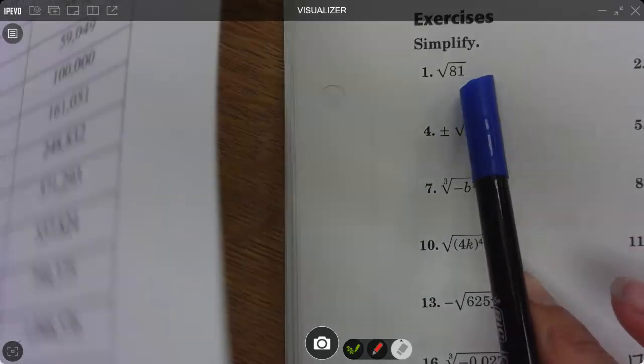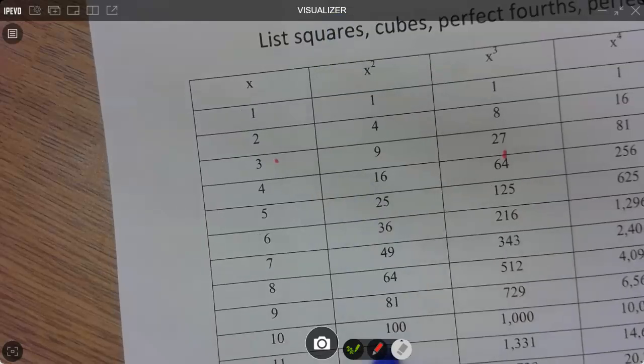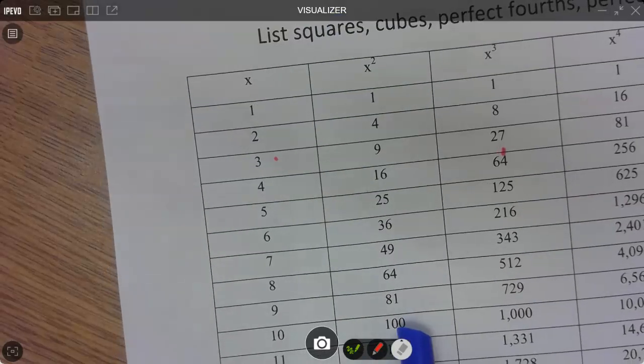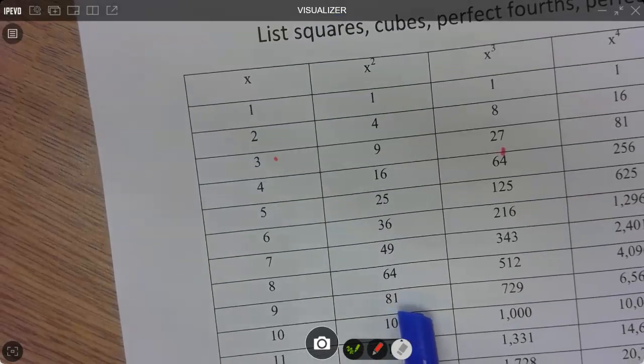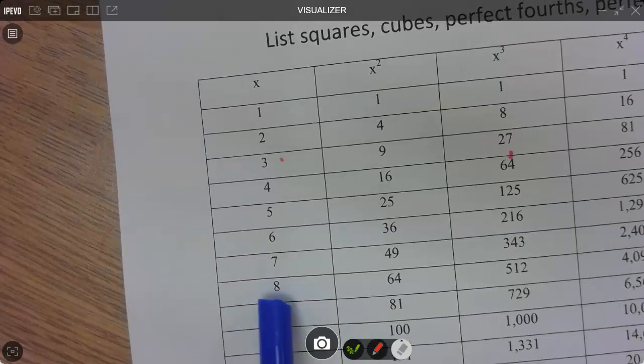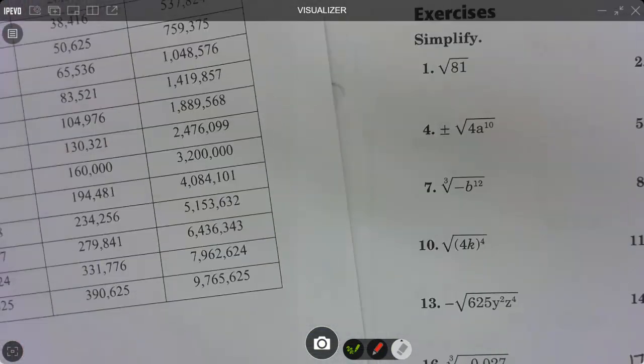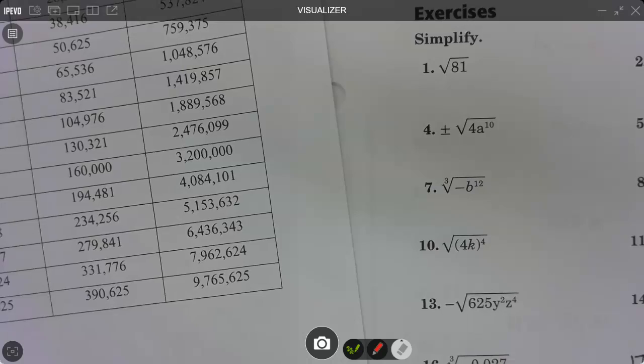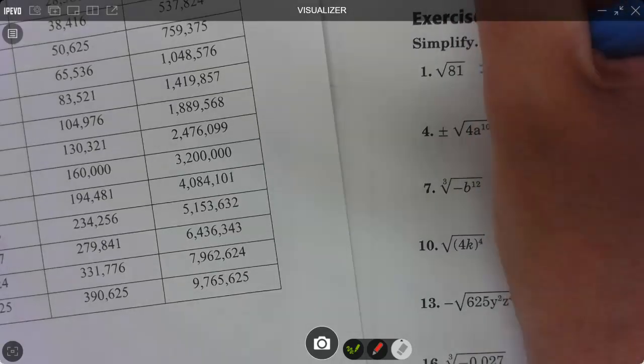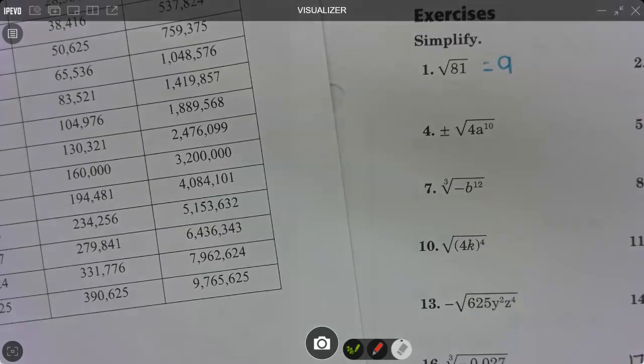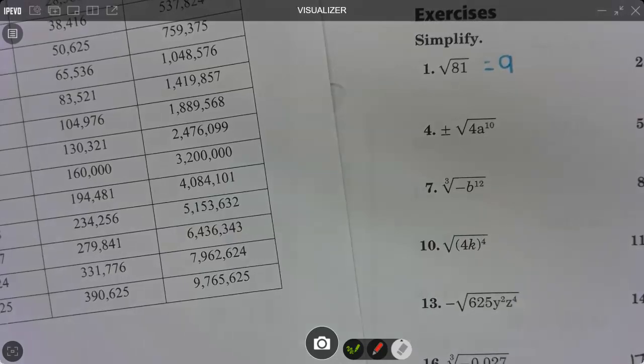If it is a square root, you are going down the squared column. You would find 81. The square root of 81 is therefore 9. So that 81 inside the radical becomes a 9.